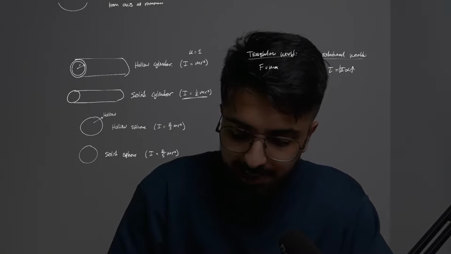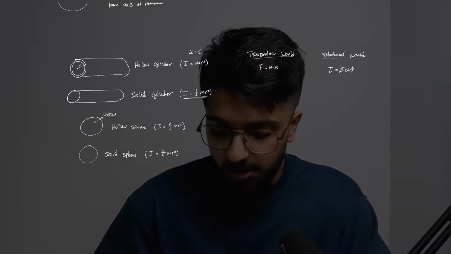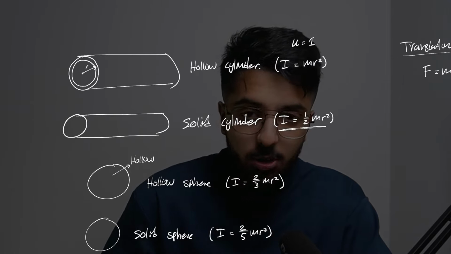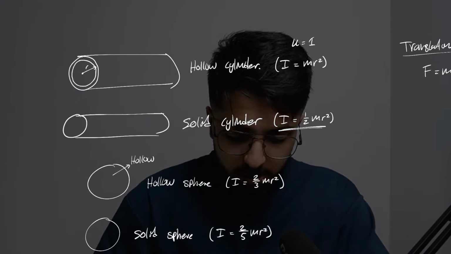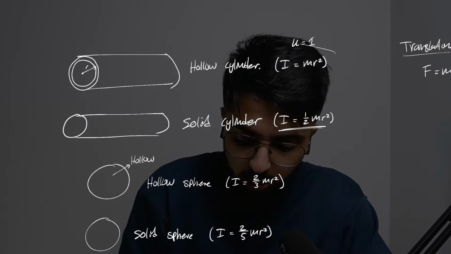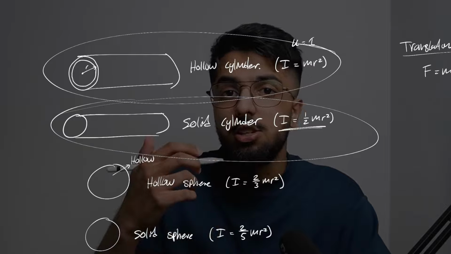All right, so given this knowledge right here, a common excellence question that comes up is when we have to compare and contrast two different objects that have two different rotational inertias. So for this example, I'm going to use a hollow cylinder and a solid cylinder. However, this explanation can apply to any two objects.